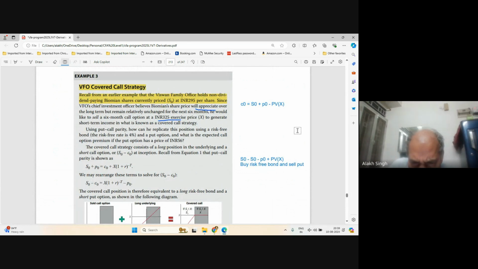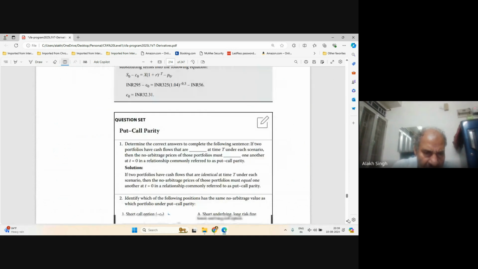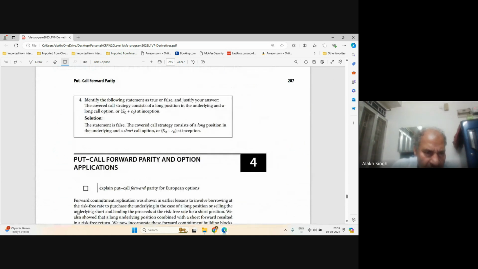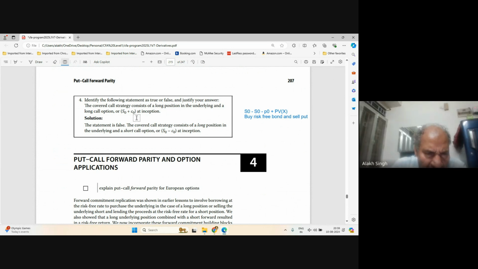So Control A, Control C, and I will paste it. Control V. So what does it tell? Sir, covered call should be S naught minus C naught, not S naught plus C naught. So the statement is false. The S0 minus C0 at inception is the covered call.